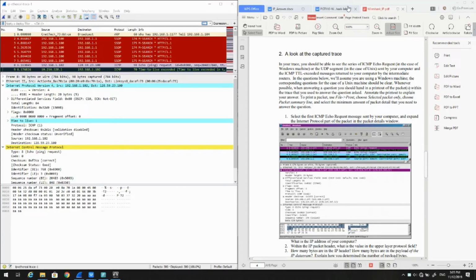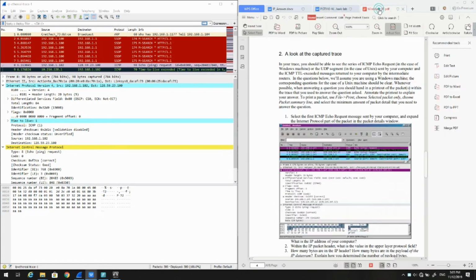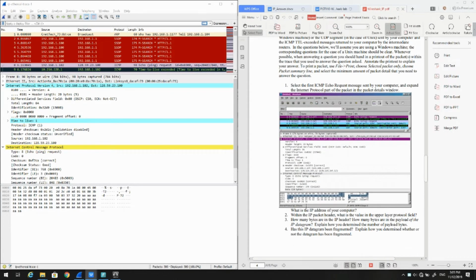Hello, my name is Arif. I'll be demonstrating the Wireshark IP lab assessment. So, number one is the IP address of the computer, which is 192.168.1.102. That is the IP of the computer.